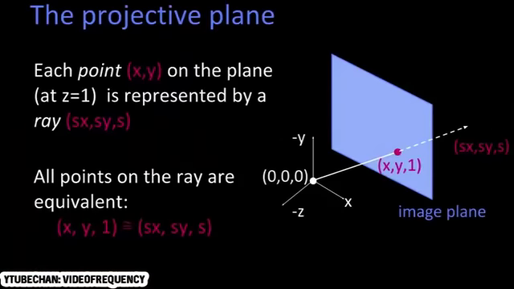All right. So if this point on the image, x, y, 1, is just this ray intersecting the image plane, that means that any point along that ray projects to the same point in the image plane, and the points along that ray are the scaled sx, sy, and s, if you multiply by a scale factor.